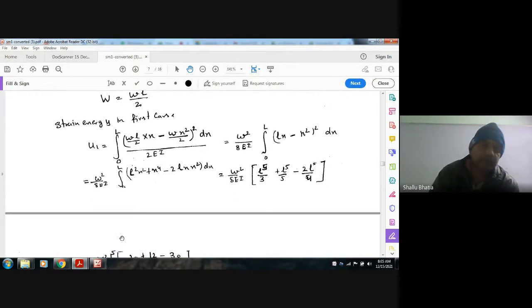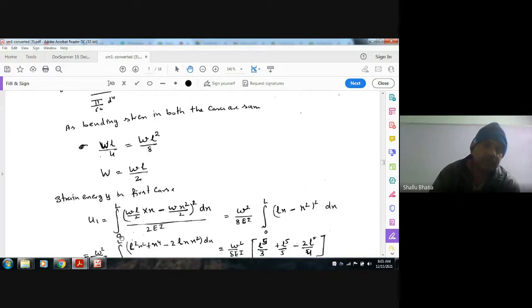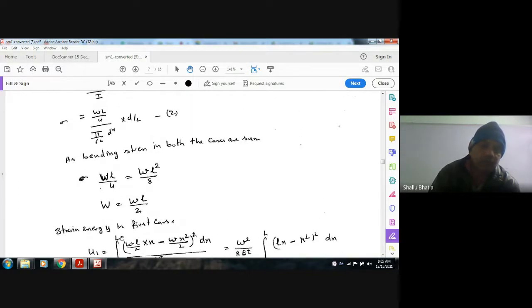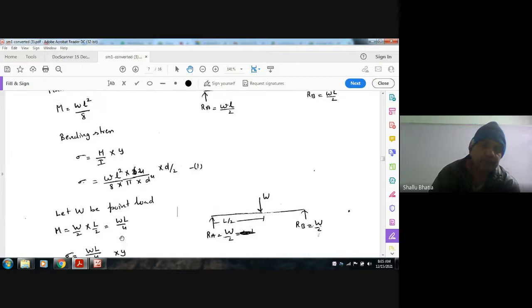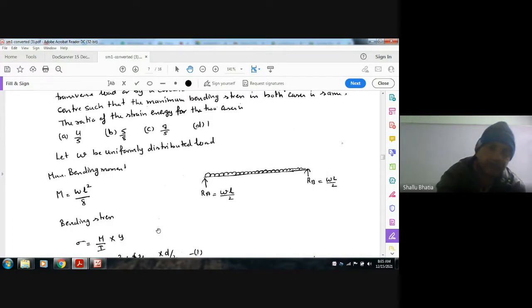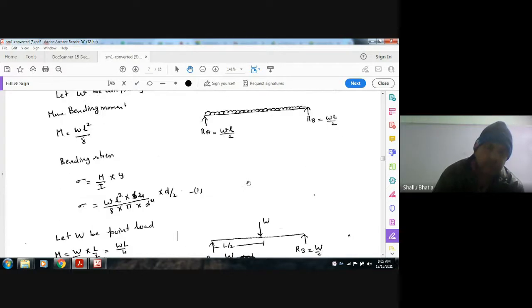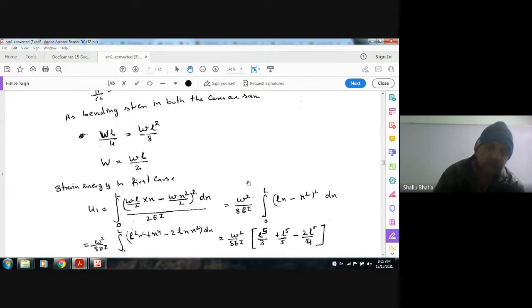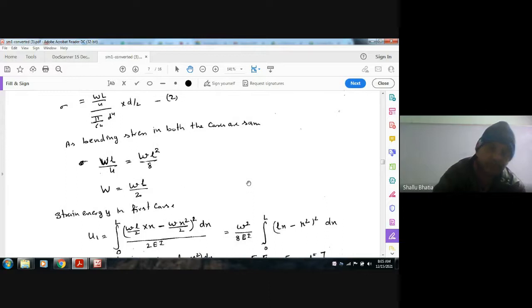So the strain energy in both cases is integral of M square dx by 2EI. In the first case, M is wL by 2 into x minus wx square by 2. This is due to RA, and this is due to the UDL.